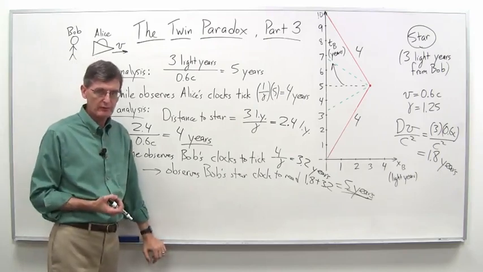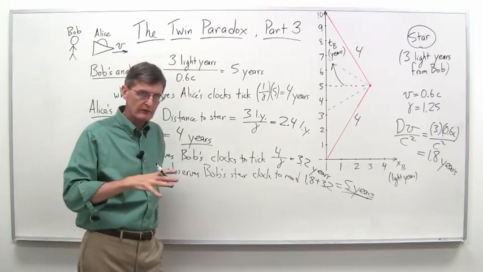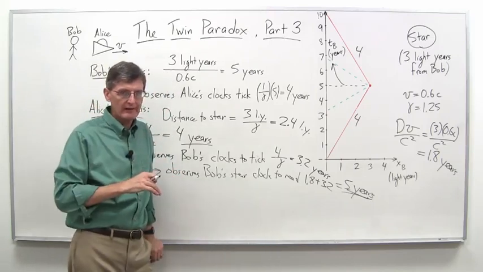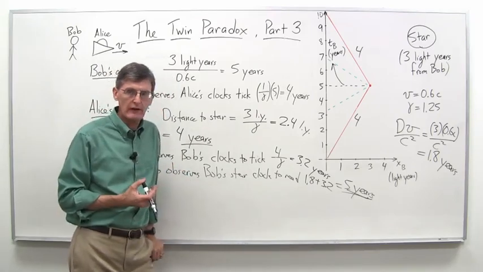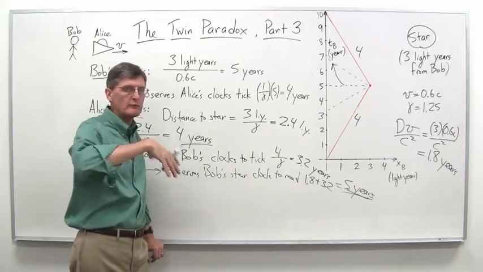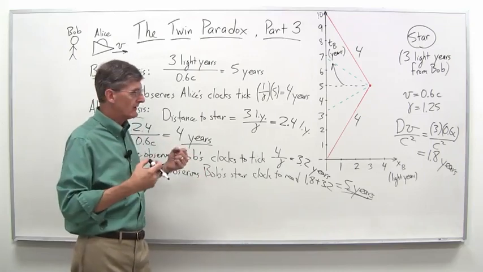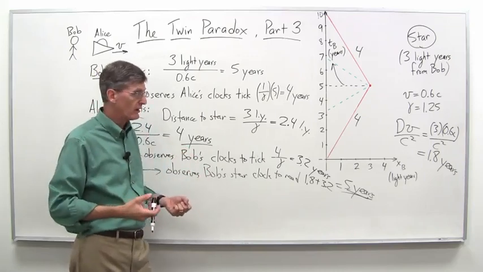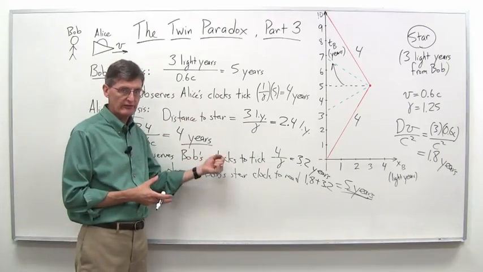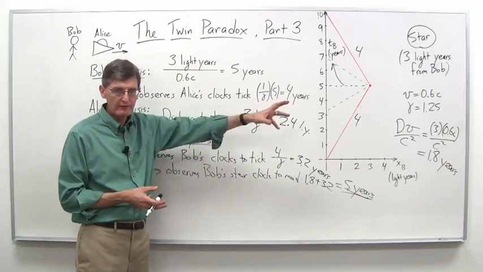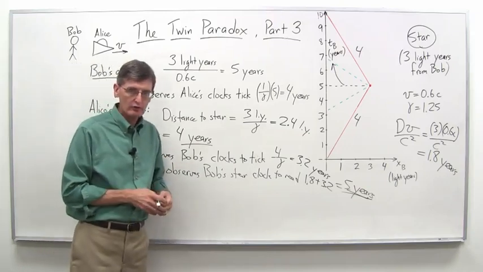And yes, they've done experiments like this. I've mentioned this before, where they actually took two very precise atomic clocks, took them up on a plane, commercial airliner or the equivalent, 500, 600 miles an hour in terms of the speed, flew them around, and because of gravitational effects, they had to take into account general theory of relativity effects as well, but they took into account the special theory of relativity effects, and they did show this difference, that the moving clock, the one that traveled on the airplane and came back again, compared to the clock that was at rest, actually aged more slowly.